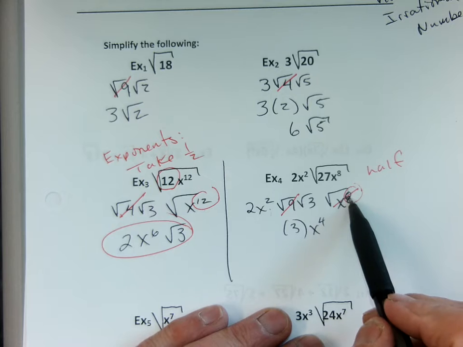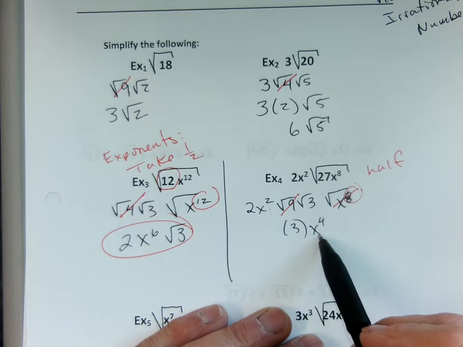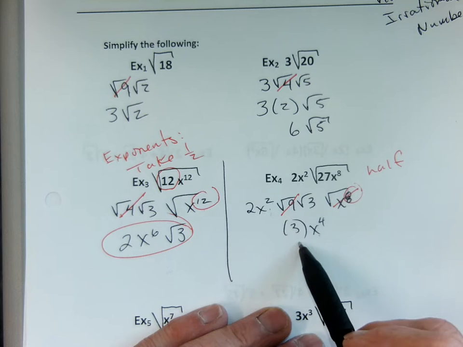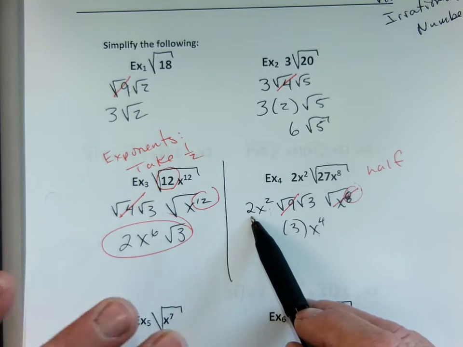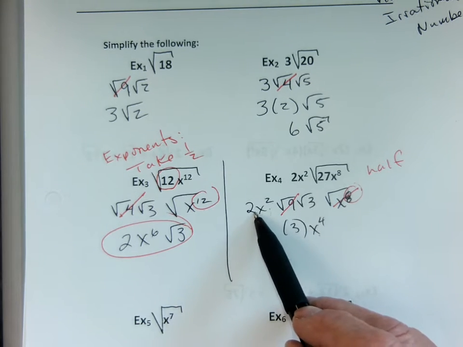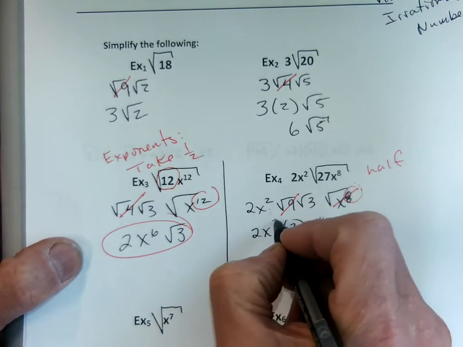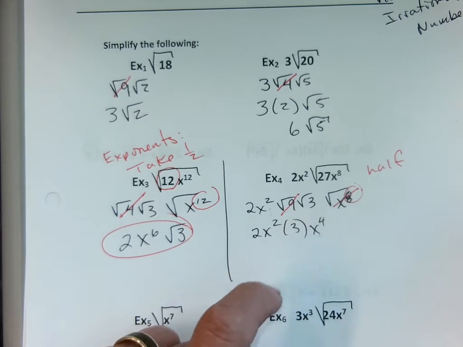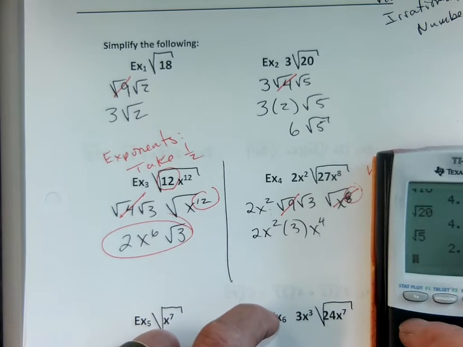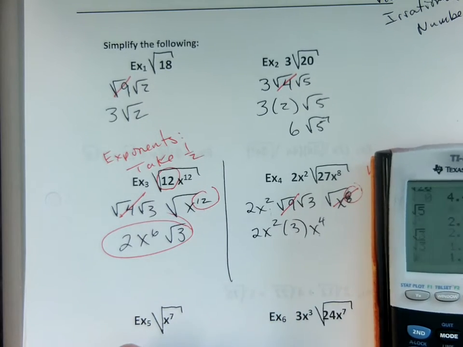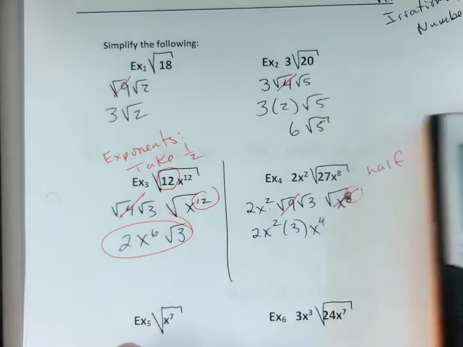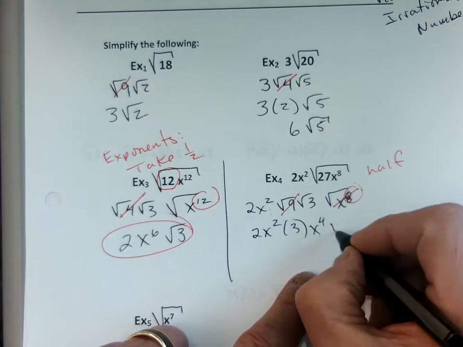So x to the 8th is right there. x to the 4th, I took half of it. Square root of 9 is 3, it's right there. Now this 2x squared is still part of the question, isn't it? I'm just going to bring it down and put it here, okay? This square root of 3 is an ugly number. So I'm going to leave it as a square root of 3, okay?